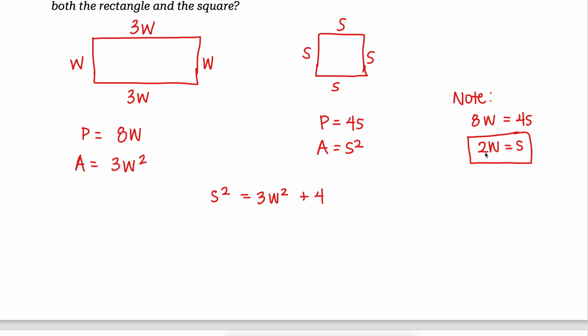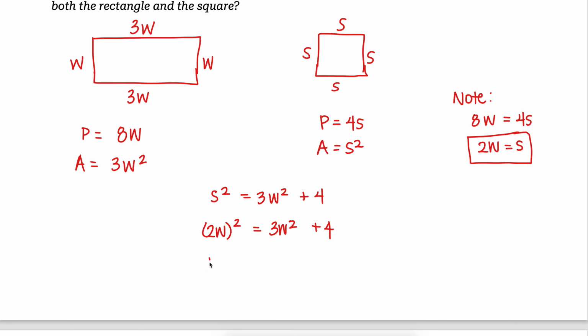We know that S is equal to 2W. So I'm going to replace our S with 2W. So 2W quantity squared. 2 times 2 is 4. W squared is W squared.